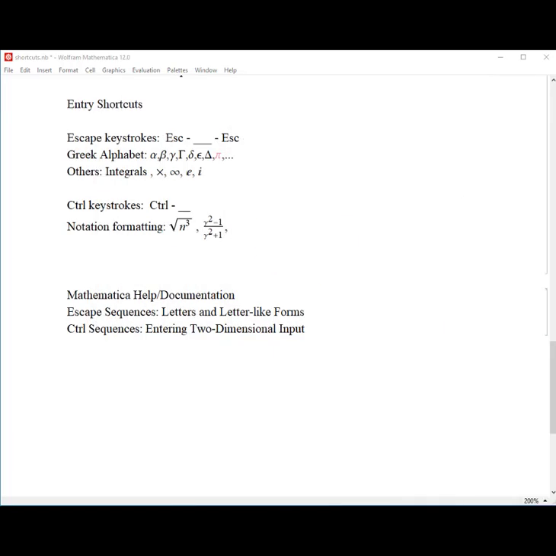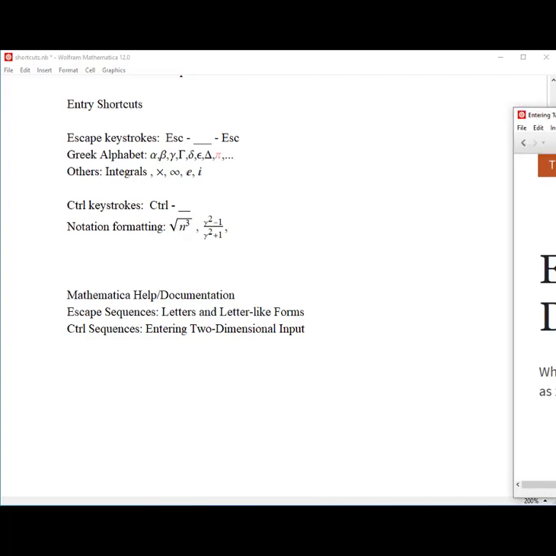And then for the control sequences, in the help, search for entering two-dimensional input. That's what I've called that mathematical notation with fractions and exponents and square roots. What Mathematica is calling that is two-dimensional input. So we're going to search in the help for entering two-dimensional input.